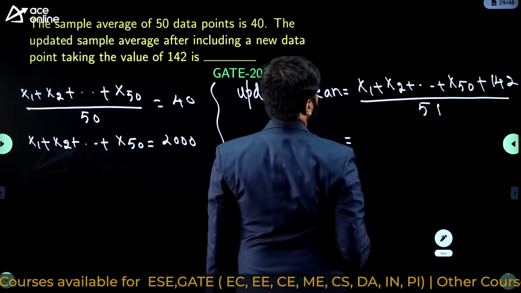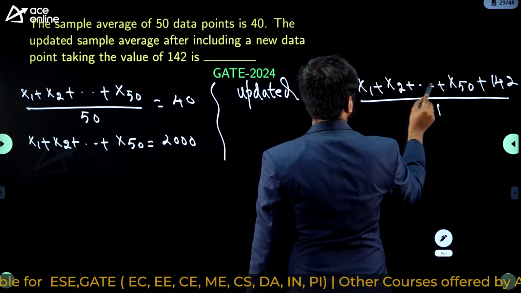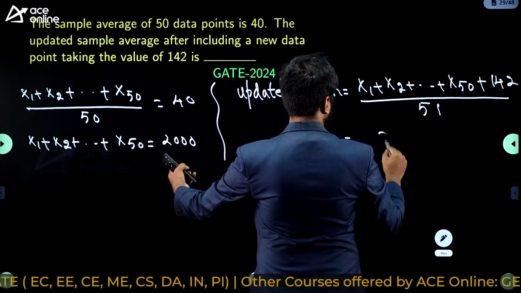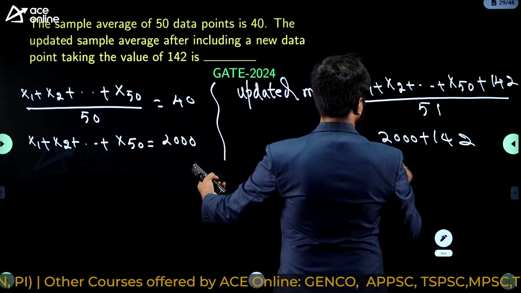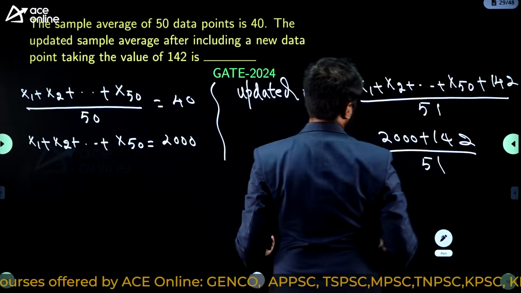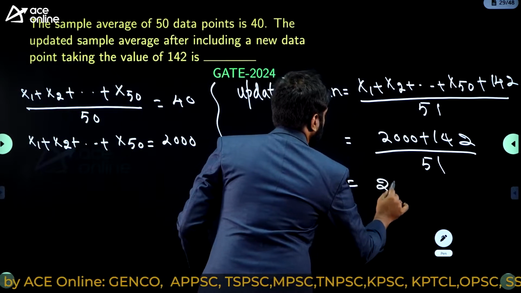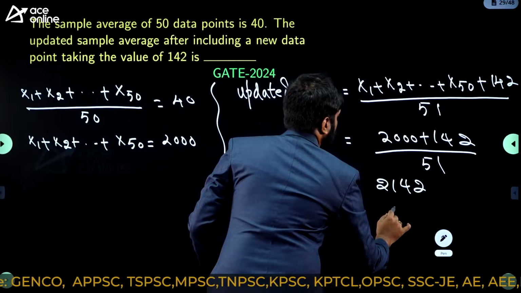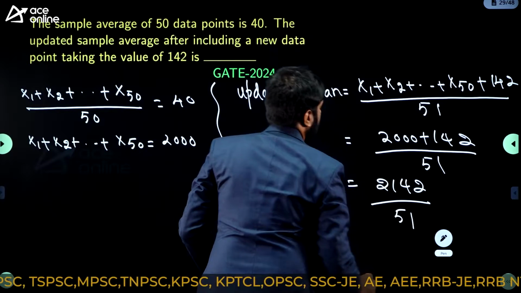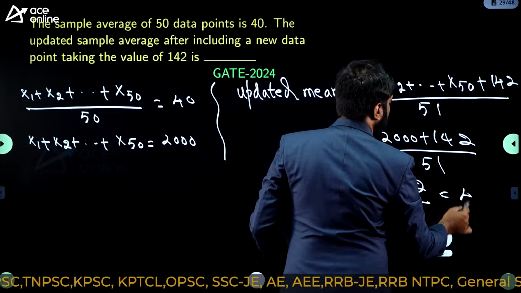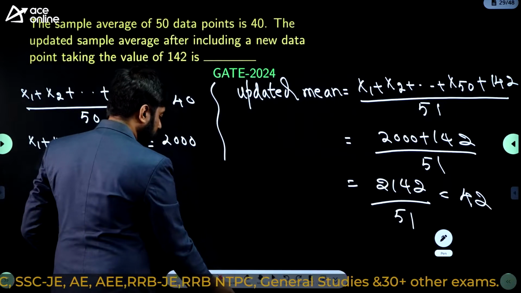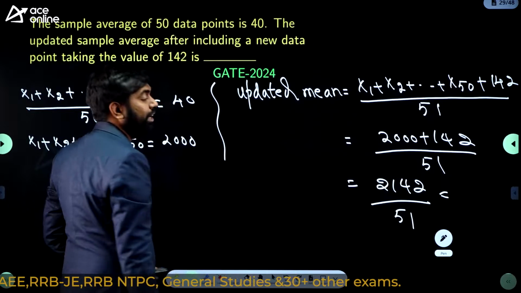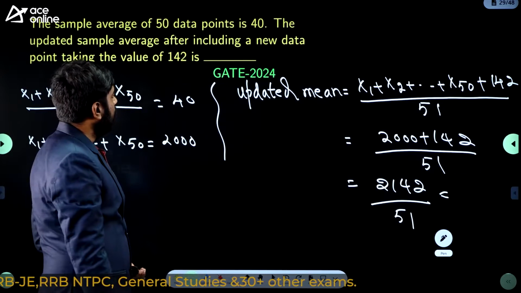Now what is x1 plus x2 plus so on x50 from this? It is 2000, and then you have this 142, whole divided by 51. So it is 2142 by 51. I think this ratio might give you 42, I am not sure, please verify this, you can use your calculators. So this is how you find it, okay.